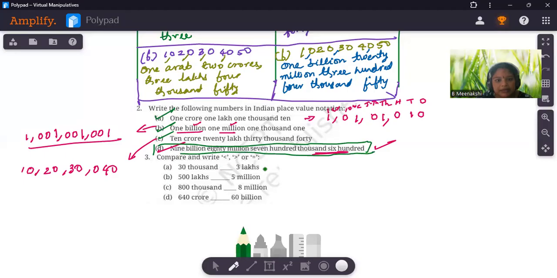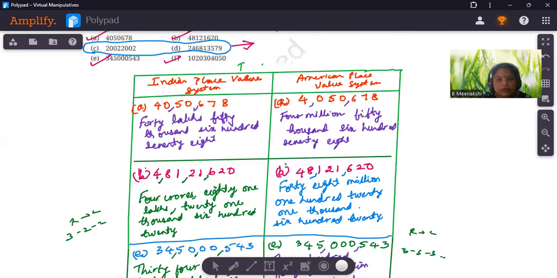Now we have to compare 30,000 and 3 lakhs. Of course, 30,000 is less than 3 lakhs. Next, 500 lakhs and 5 million. For 5 million it is 5 followed by 6 zeros.